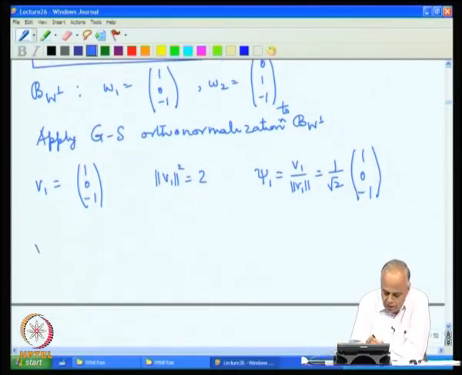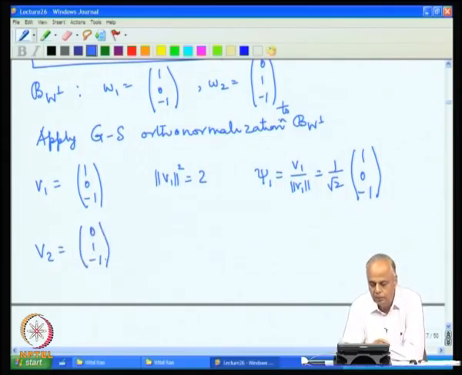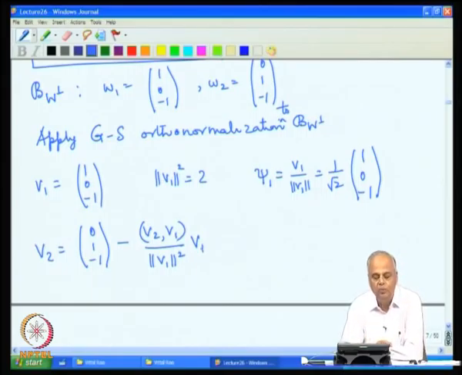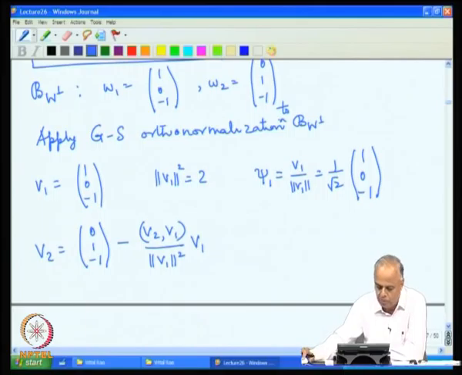In order to get the second vector, we start with the second vector in the basis BW perp, which is w2, (0, 1, -1). We start with that vector and then subtract the dot product of v2 with v1, divided by the norm of v1 squared, multiplied by v1. This is the first step of orthogonalization in the Gram-Schmidt process.